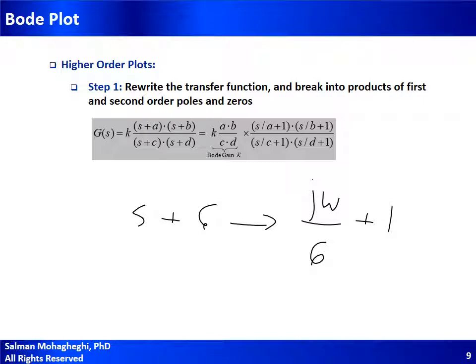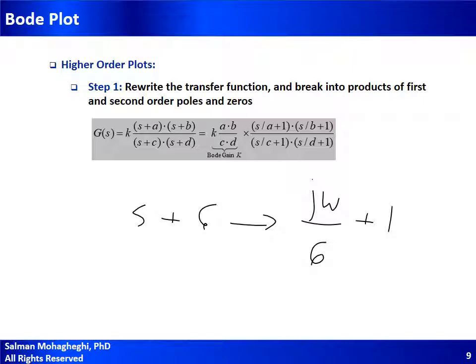Look at this hypothetical example. I have a G of s that consists of 4 terms, 2 zeros, 2 poles. I have a DC gain K. In the numerator, I have 2 zeros, one at negative a, one at negative b. And in the denominator, I have 2 poles, negative c and negative d.